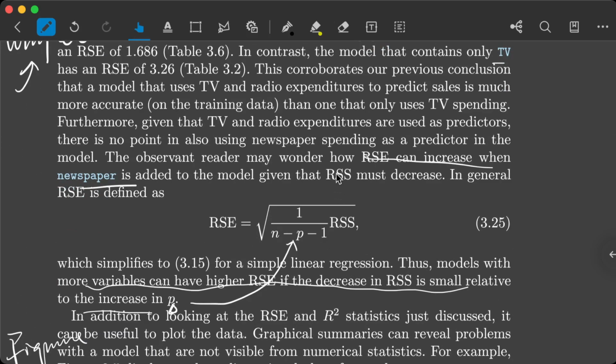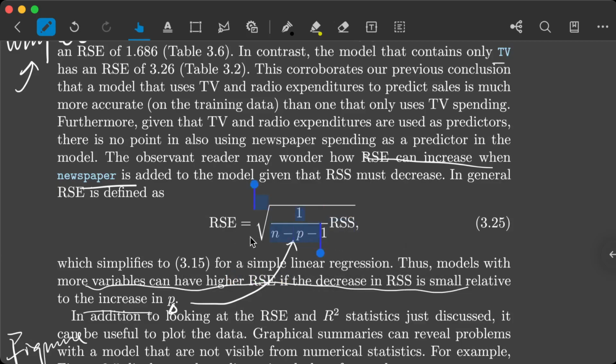It was mentioned that the RSS will always decrease, because after introducing some variables, the prediction on the training data will always be more accurate, so we have lower RSS. But it does not mean that RSE will always decrease, because we have another term here.